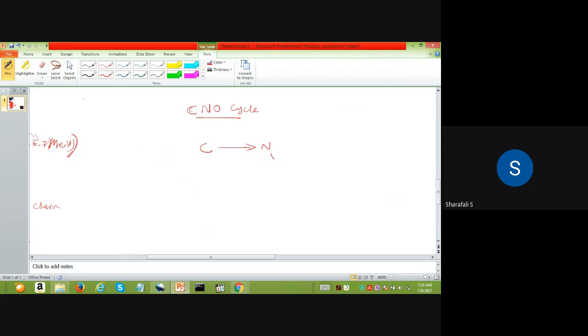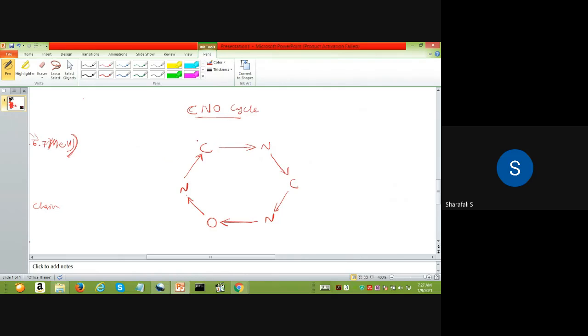That again undergoes some reaction to form carbon again, and again produces nitrogen. Then again it produces oxygen, and this oxygen again produces nitrogen.